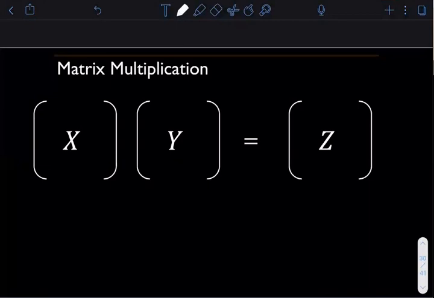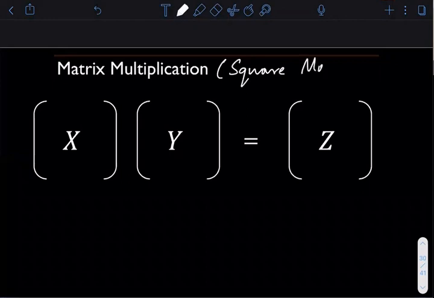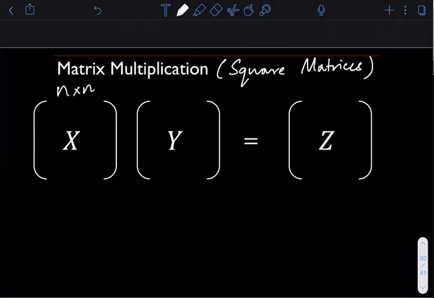The algorithm that I'm going to describe here is used to multiply square matrices. So I will assume that I have two square matrices, X which is n cross n, and Y which is n cross n. All I need to do is find the product of these two matrices.